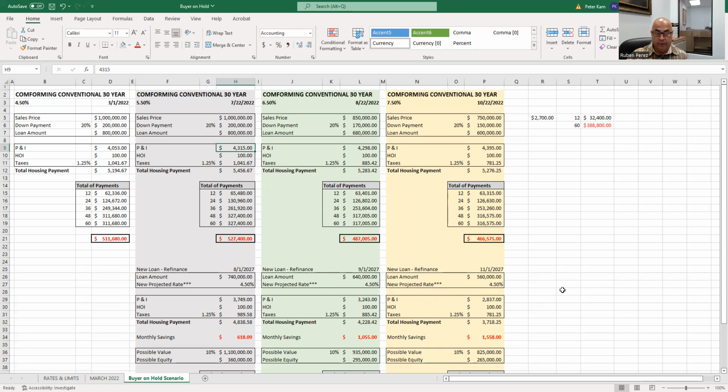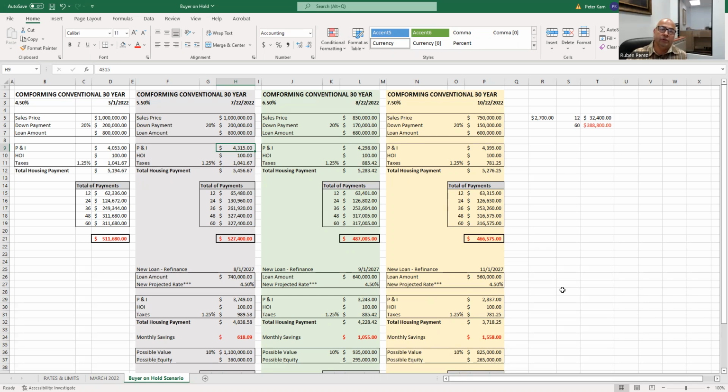But you have to remember that this is going to be based off of a zero debt scenario, because I don't know how much their car payments or credit cards are. So the total income needed to qualify is based solely on their housing expense. If they have credit cards and car payments, which most people do, you have to take that into consideration.